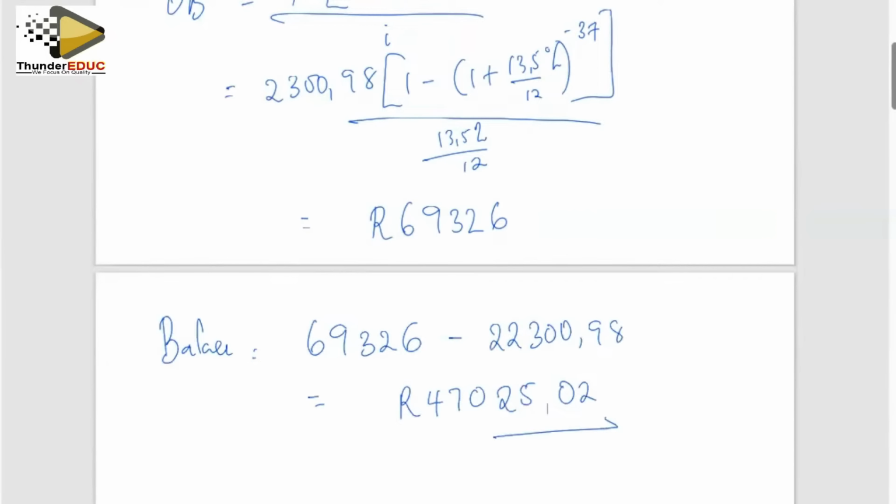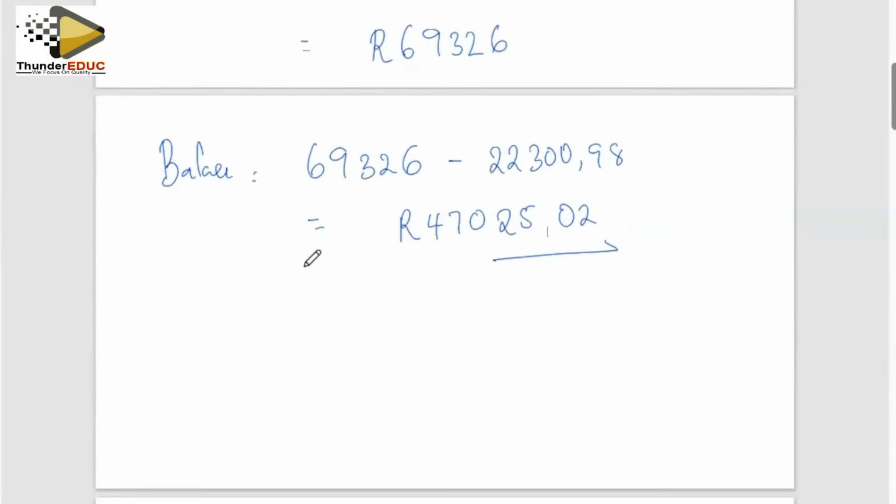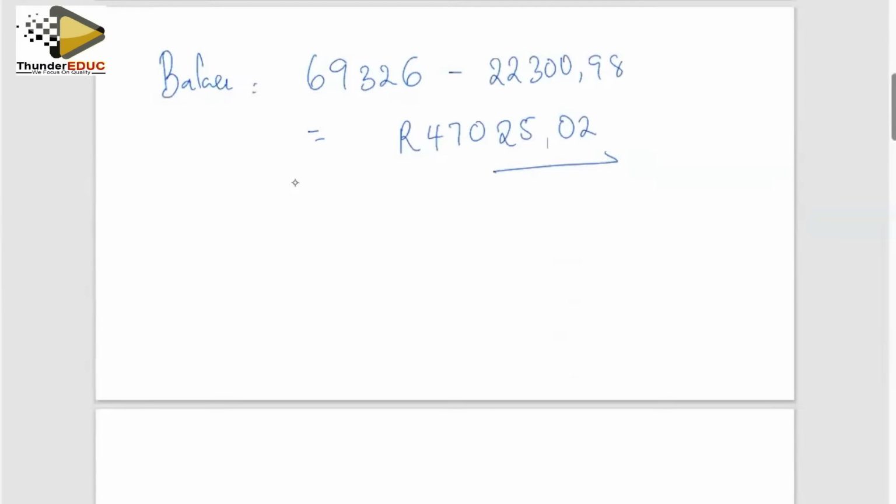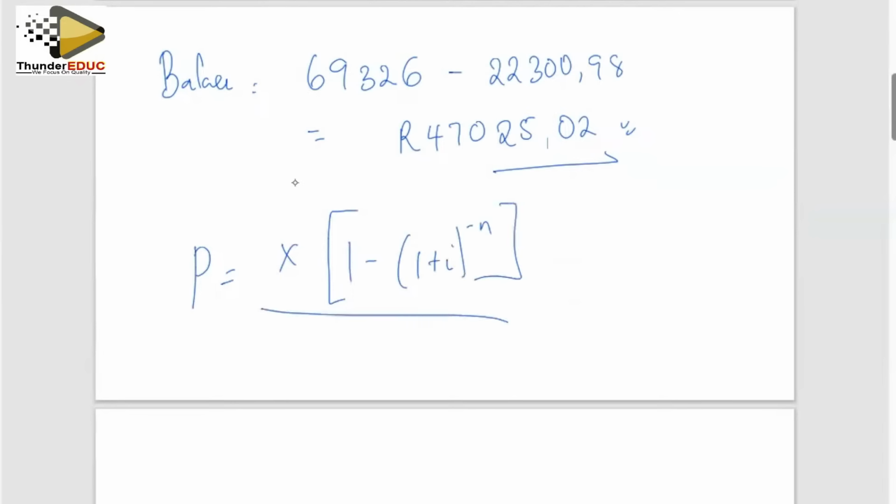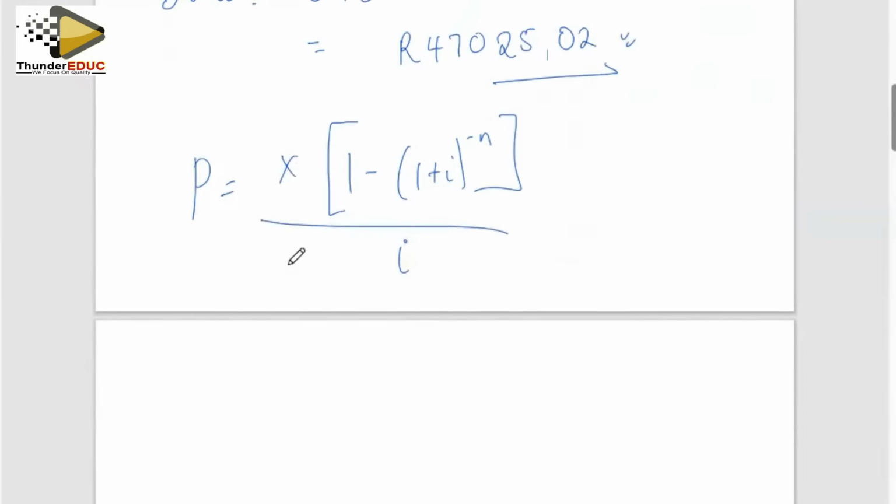Okay, that is now what is outstanding. Then I need to get the number of months or installments that must be made to clear this balance. So from our present value, we know that x1 minus 1 plus I to the exponent of negative n over I. Okay, I beg to differ with this particular question.